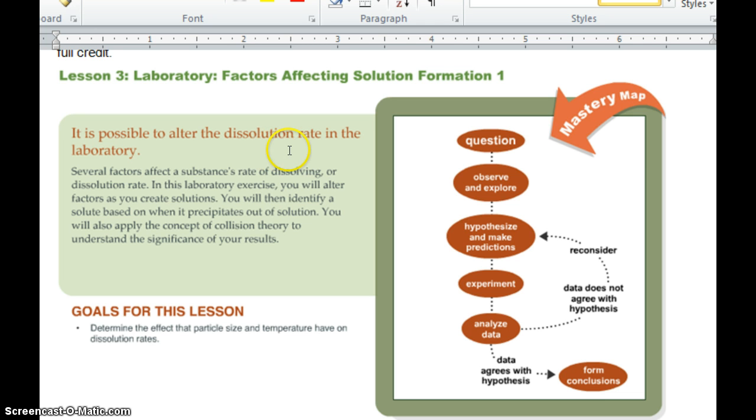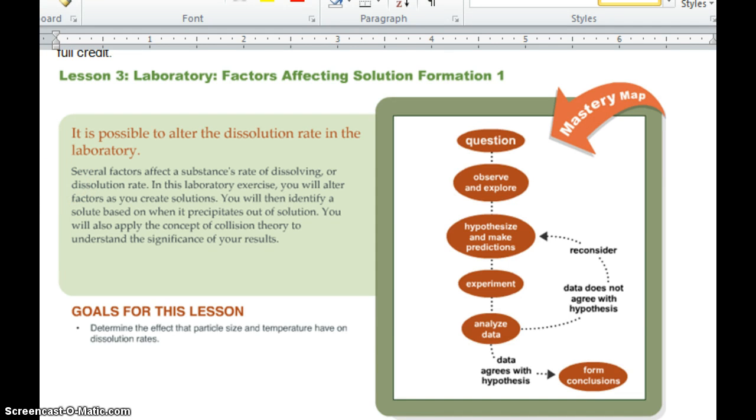And we can change different conditions to make things dissolve faster, so have a higher dissolution rate, or dissolve slower and have a lower dissolution rate. Several factors affect a substance's rate or speed of dissolving, or dissolution rate. In this laboratory exercise, you will alter factors as you create solutions.